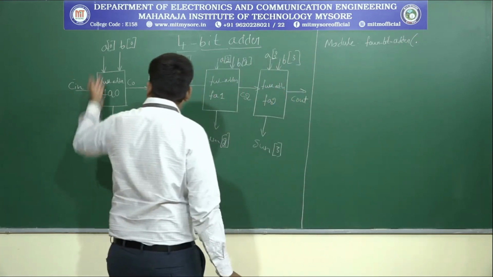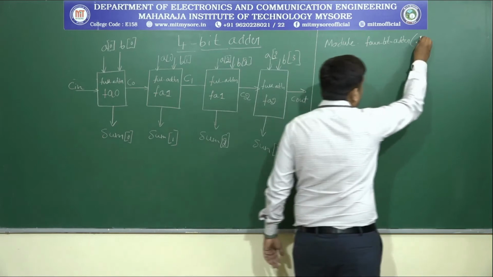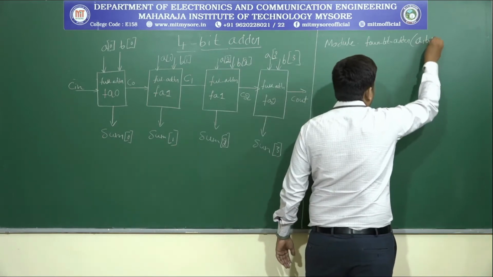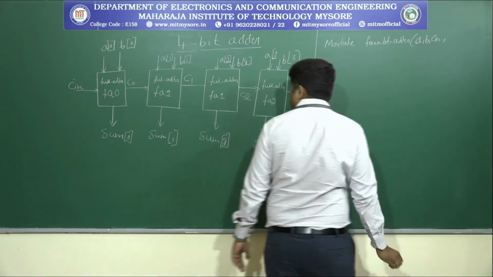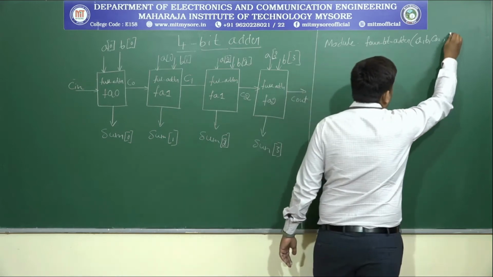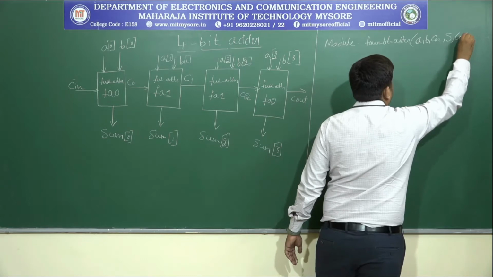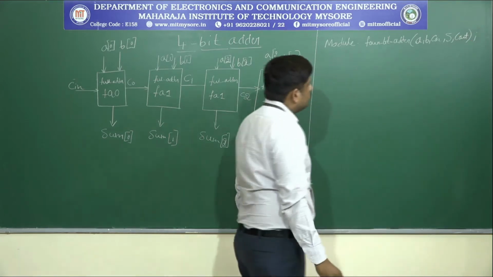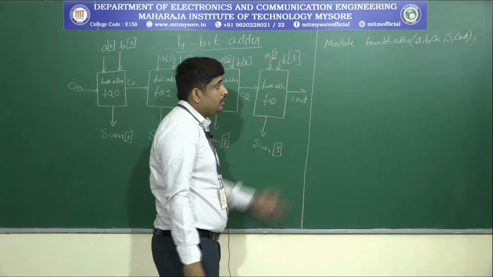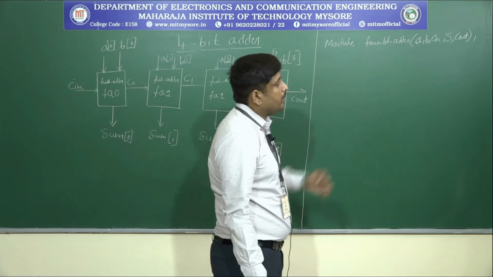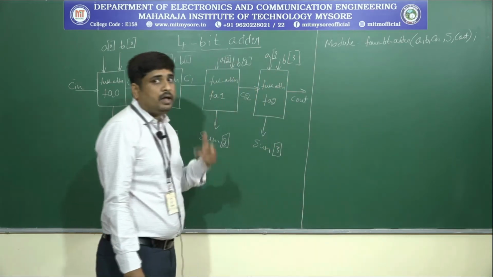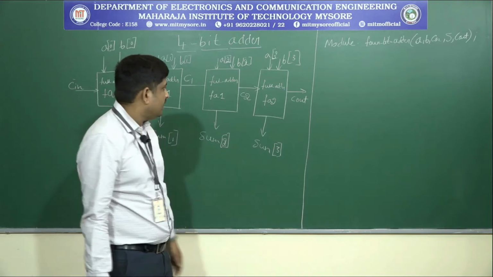Here A and B are the inputs, then you have to add carry, that is Cin, and the outputs are sum as well as Cout. So this is the definition of the 4-bit adder. Here we mention the module terminals. Next we have to define the inputs and outputs, that is the IO declarations.